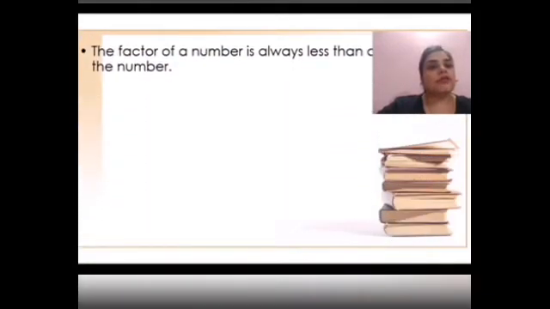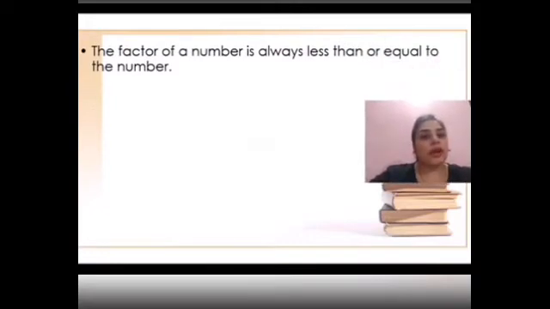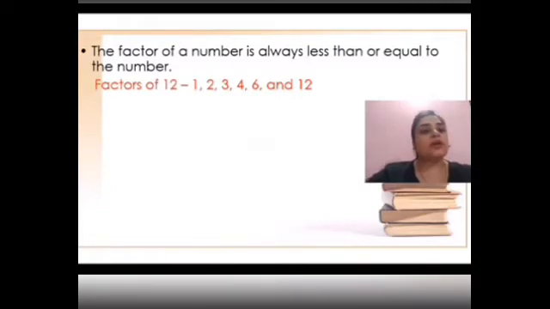Next, the factor of a number is always less than or equal to the number. Let us see with an example. We have just found the factors of 12, that is 1, 2, 3, 4, 6 and 12.